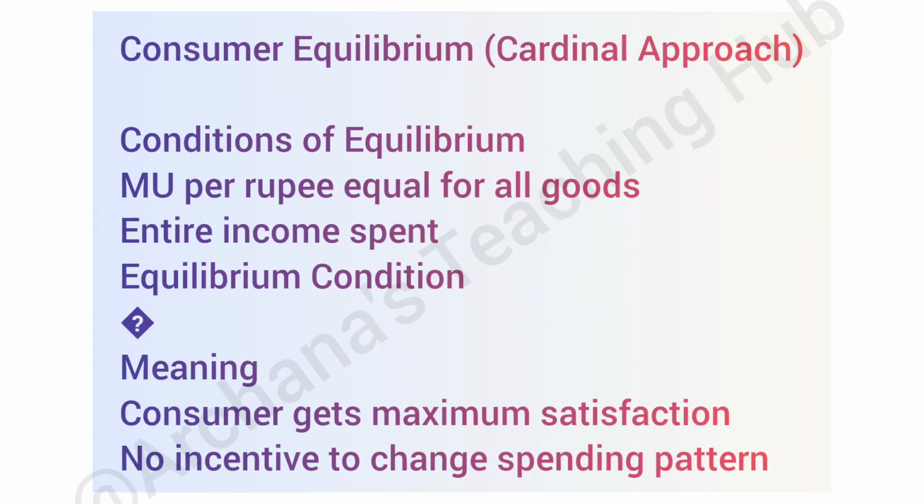Consumer equilibrium, cardinal approach. Conditions of equilibrium: MU per rupee equal for all goods, entire income spent. Equilibrium condition: MUX divided by PX is equal to MUY divided by PY. Consumer gets maximum satisfaction, no incentive to change spending pattern.